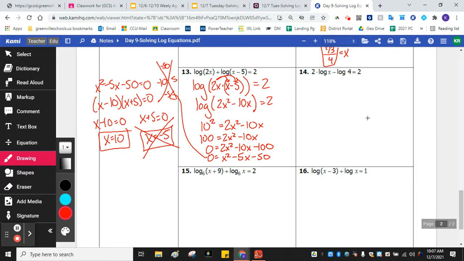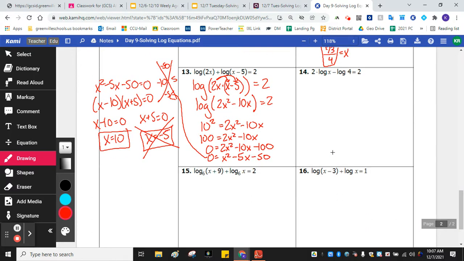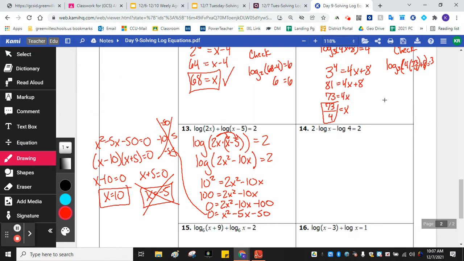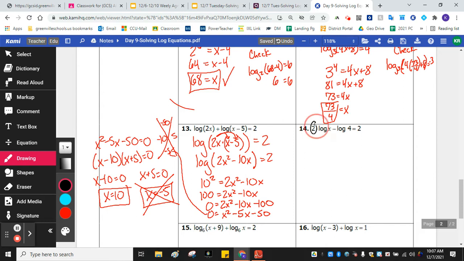Okay, one more. Numbers 14, 15, and 16 you will have to factor. So I'll do one more of those. Let's see, the hardest one. Probably 14, just because it's different. Okay, so exponential, the 2 has to go up here. So log x squared minus log 4 equals 2.